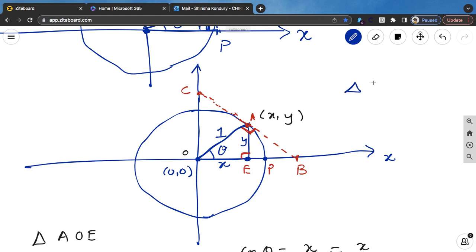Look at triangle AOE and triangle BAO, BOA.